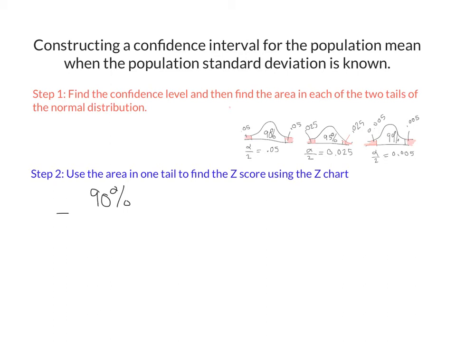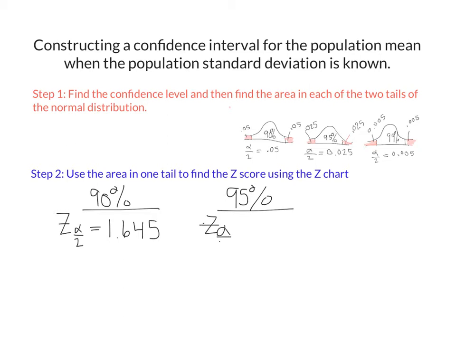So that means that your z-score of the alpha over 2 is equal to 1.645. If you have a 95% confidence level, our z-score that we use, so our z alpha over 2, is going to equal, well, we just found that one, 1.96.